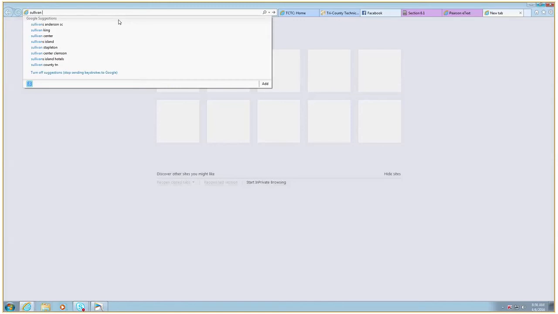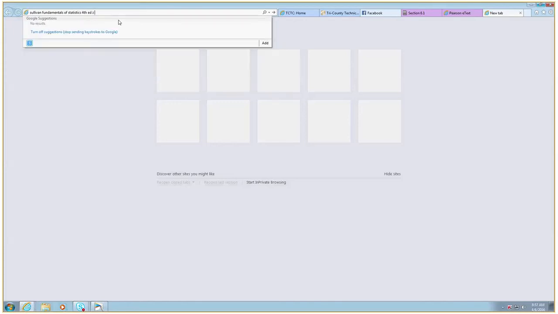On the front cover, it should say on the bottom. Fourth edition. What's the name of the book? Sullivan, Fundamentals of Statistics. Fourth edition, z-table.